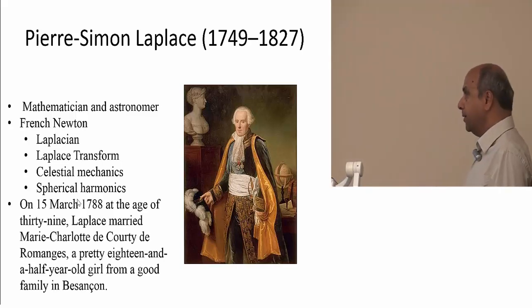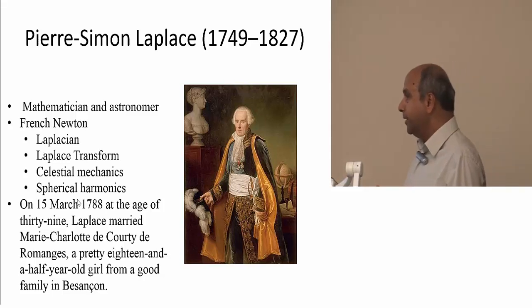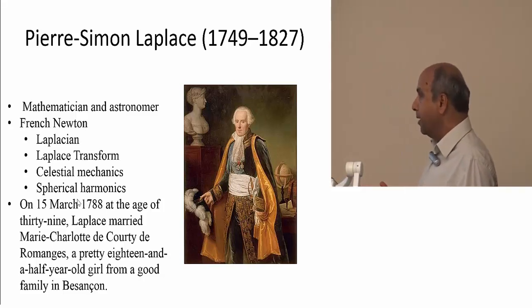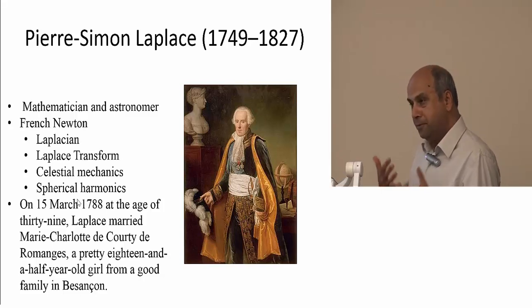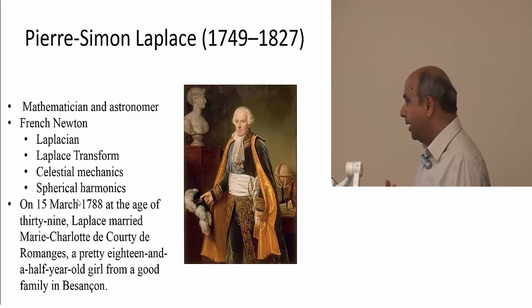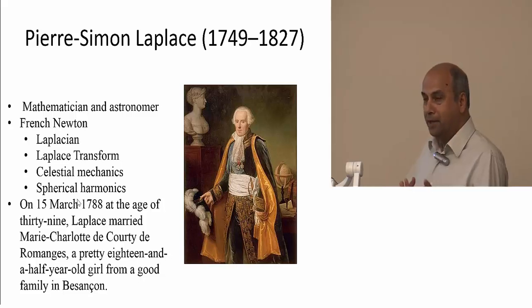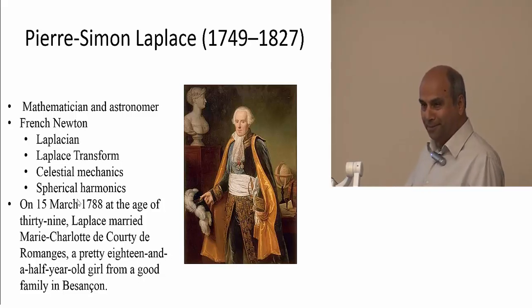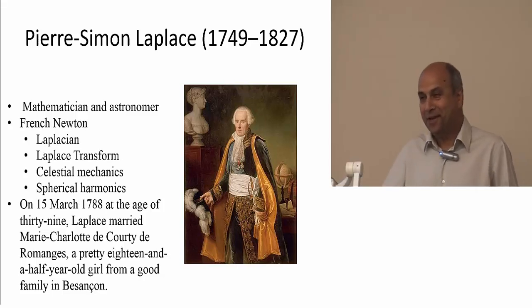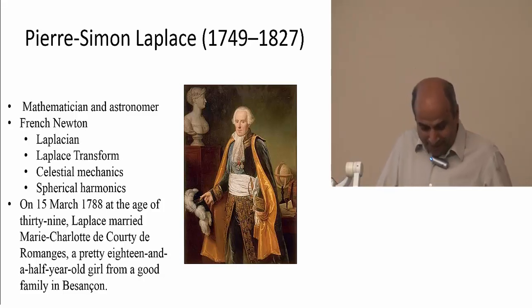But the interesting thing is about his wedding. He married on March 15, 1788, at the age of 39. He was pretty old in a way, but he married a young lady who was only 18 and a half years old, from a good family. That's the human aspect of this guy.